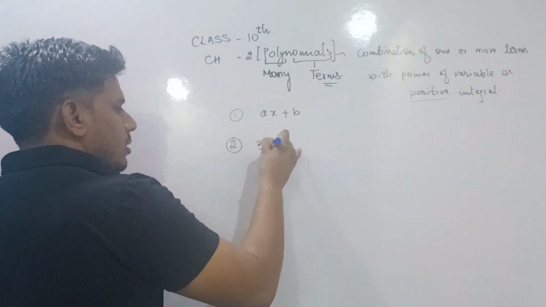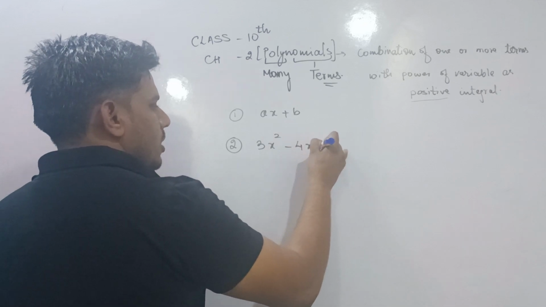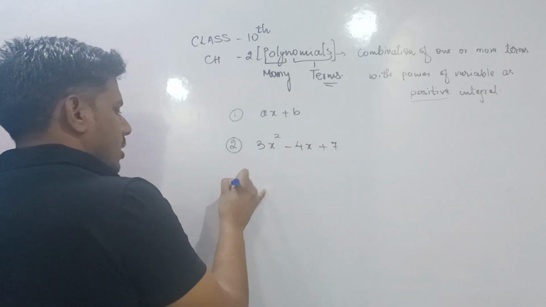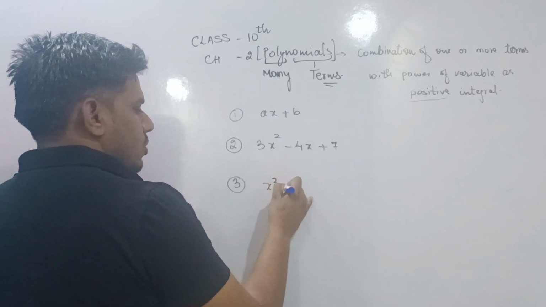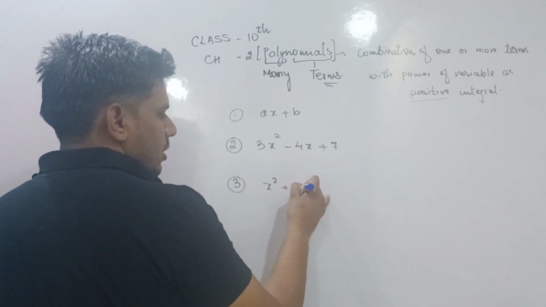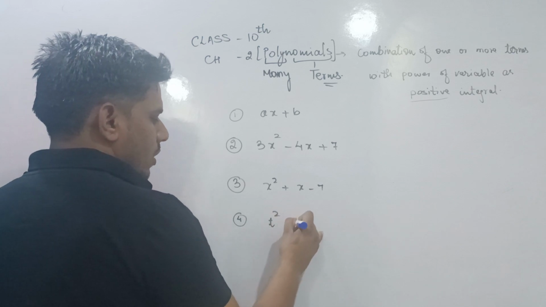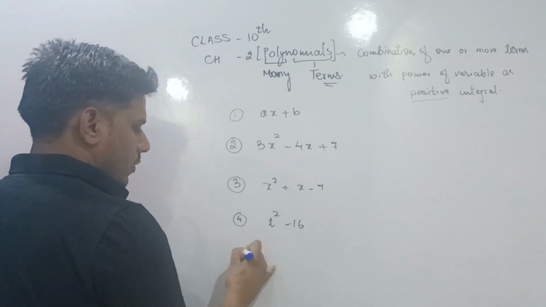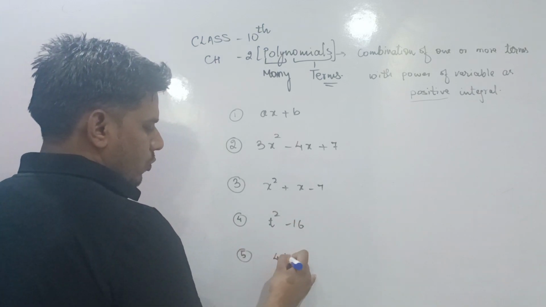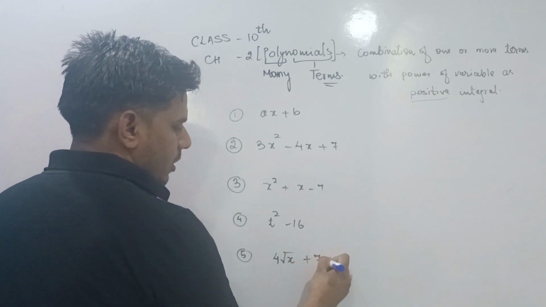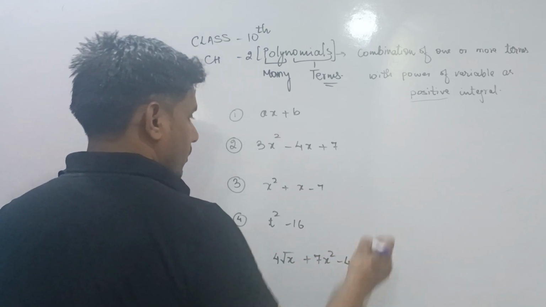Second, 3x square minus 4x plus 7. Third one, x square plus x minus 7. Fourth, t square minus 16. Fifth, 4 root x plus 7x square minus 4.